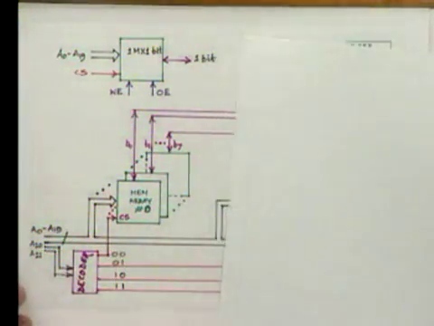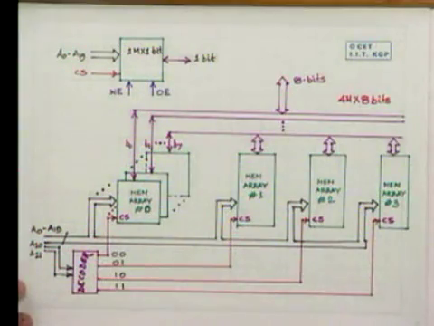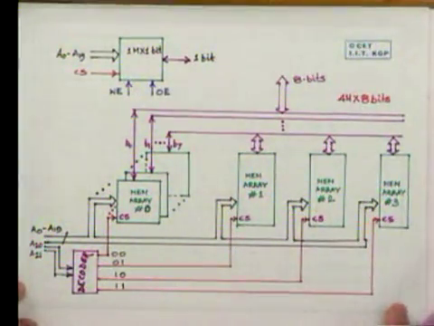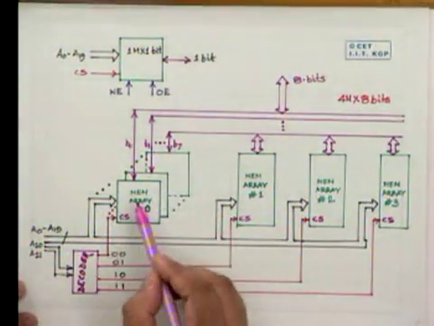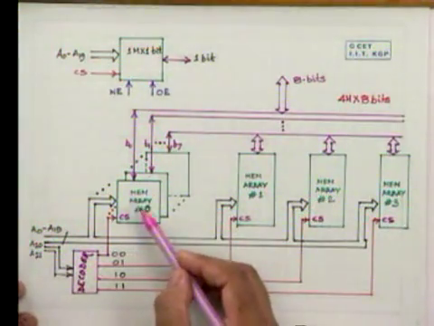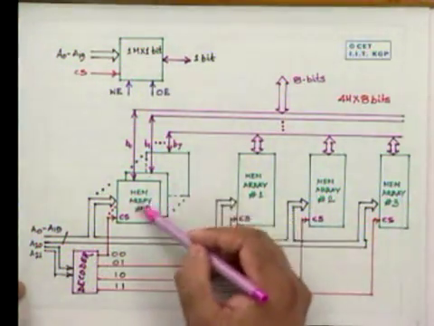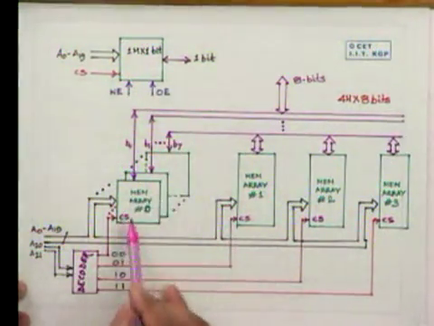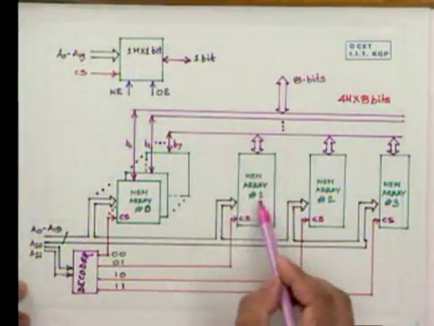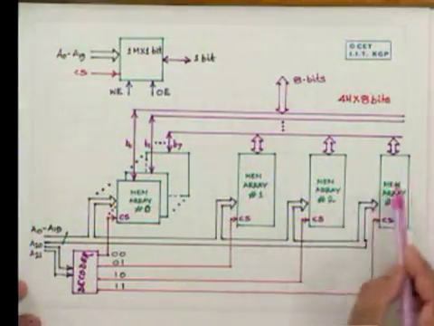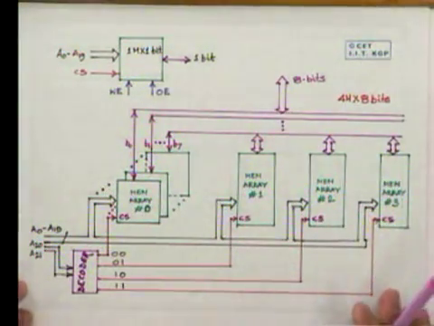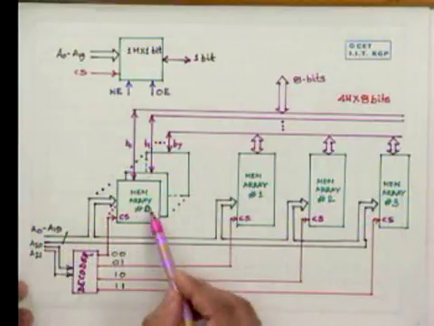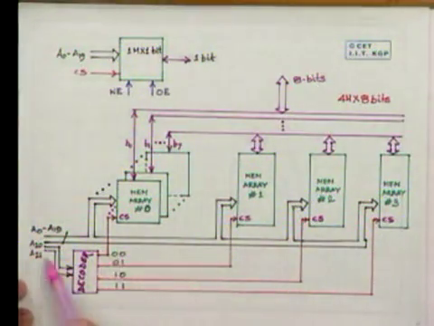Now, if we have to make 4 megabyte, then we'll have to use 4 such stacks, or 4 such planes of chips, right? So memory array 0, memory array 1, memory array 2, and memory array 3. The chip select for the first one is A21 A20 = 00.